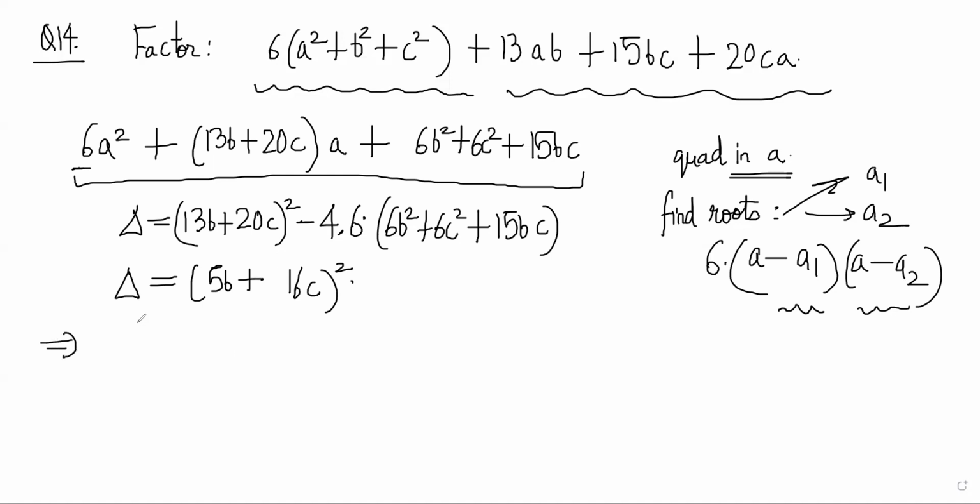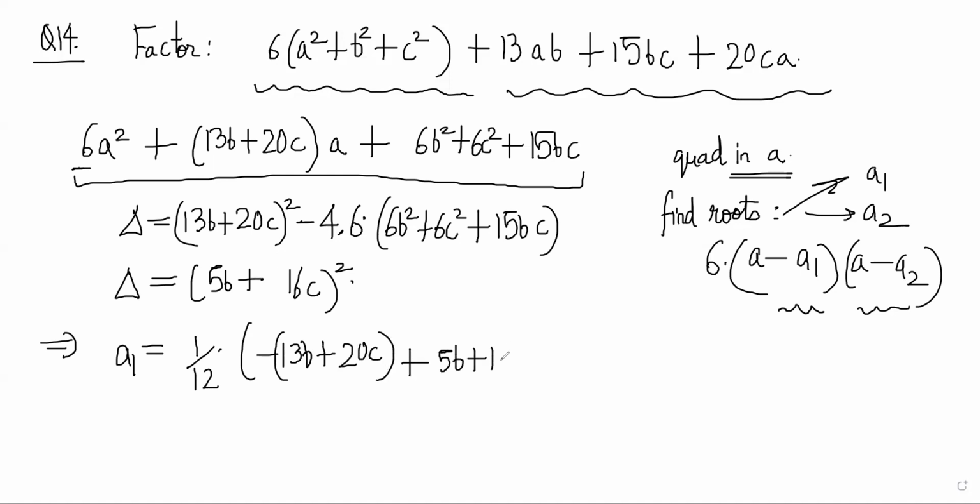So if the discriminant is coming as a nice perfect square, the first root will be basically −1/12 of (13b + 20c + 5b + 16c), which evaluates to −(2b + c)/3.